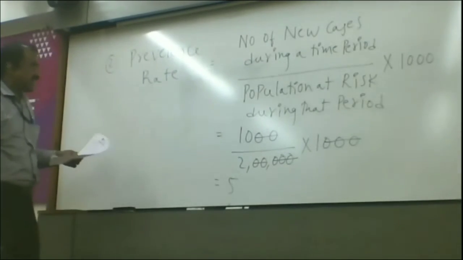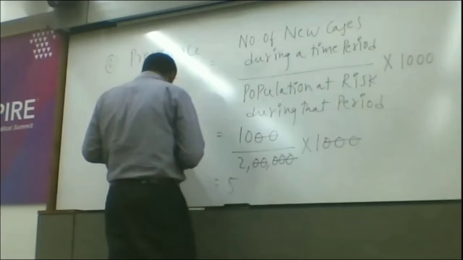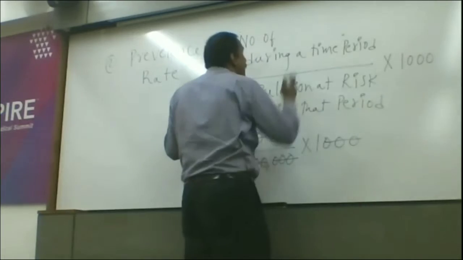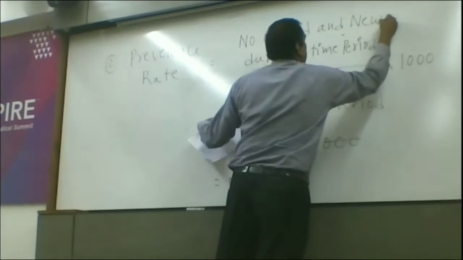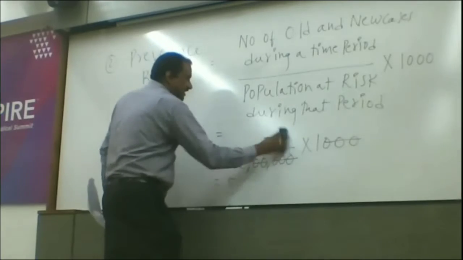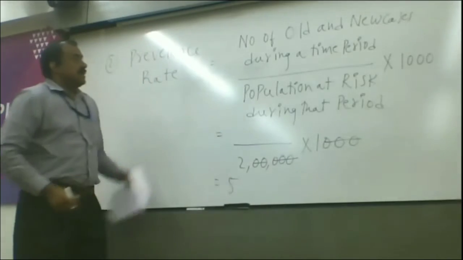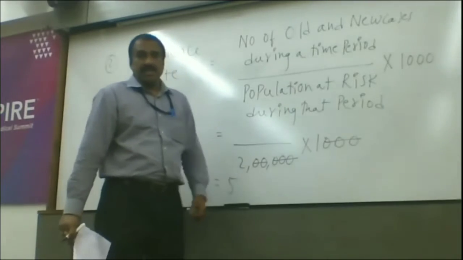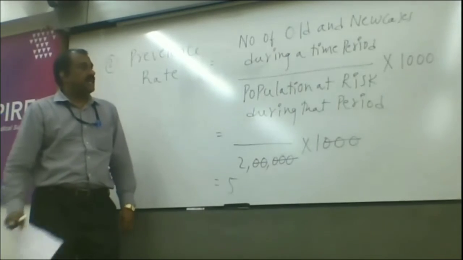How to find out the prevalence rate: it is the total number of old and new cases during a time period divided by population at risk during the same time period, into 1,000.